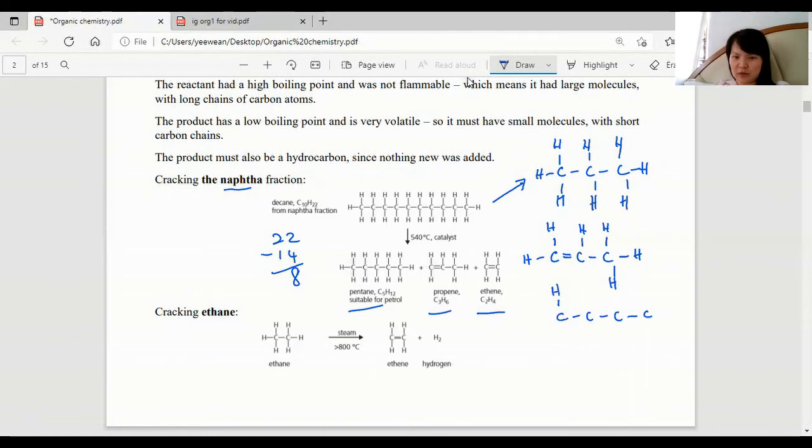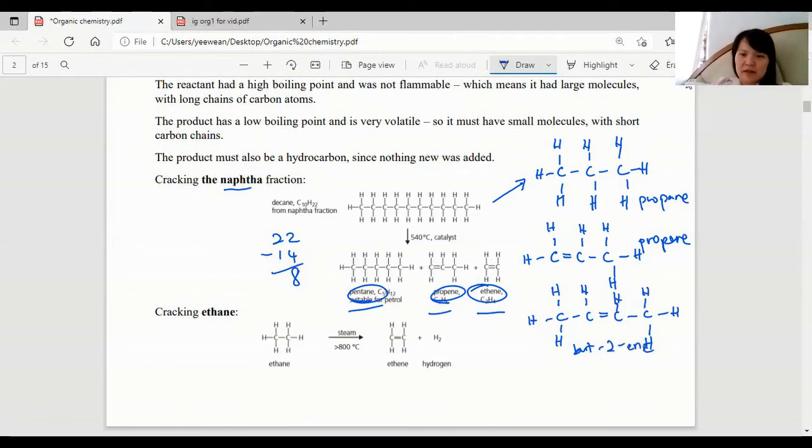So I'm going to draw but-2-ene. So this equation would make sense as well. It doesn't have to be pentane, propene, ethene. It can be a propane, and butene, but-2-ene. Let me just specify that. Or if you want, you can draw a but-1-ene instead. Okay, as long as your equation can balance, then that is fine.